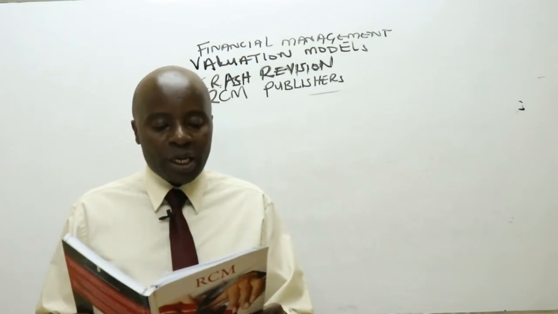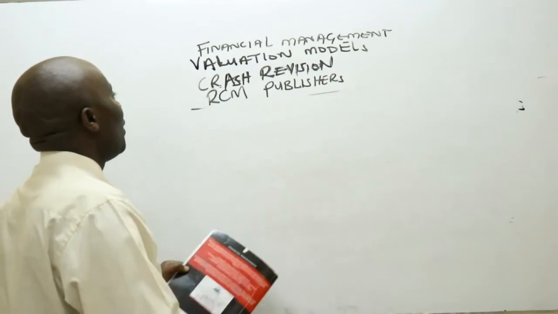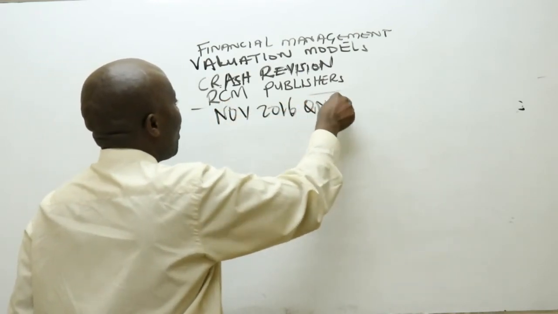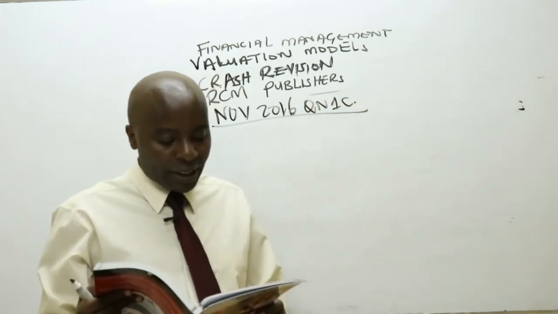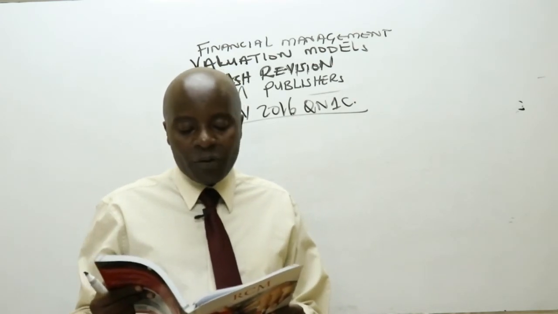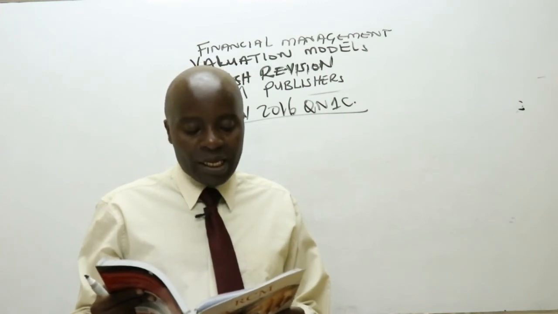So I want us to look at November 2016, question number 1C. What are they telling us there? The following data was extracted from the financial statements of XYZ Limited for the year ending 30th September 2016.